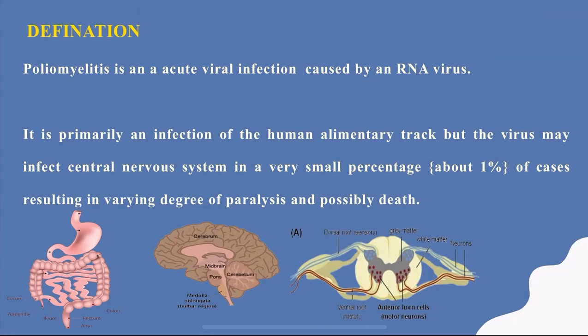Poliomyelitis is an acute viral infection which is caused by an RNA virus. Primarily it affects the alimentary tract, but the virus may also infect the central nervous system in a very small percentage.